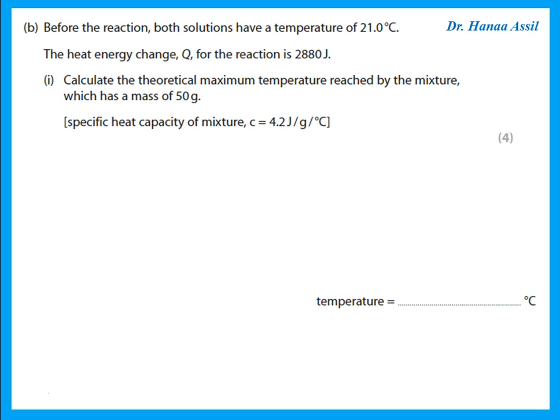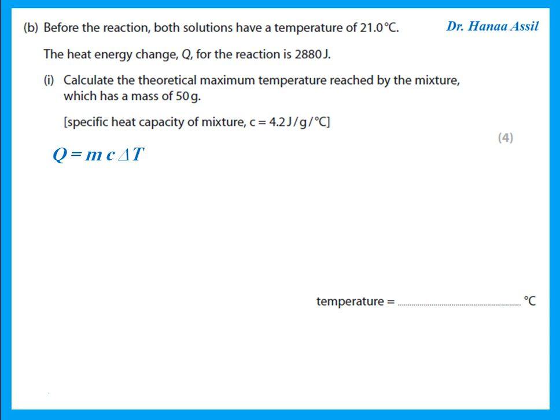Before the reaction, both solutions have a temperature of 21 degrees Celsius. The heat energy change Q is this number. Calculate the theoretical maximum temperature reached by the mixture, which has a mass of 50 grams. You know that Q is mc delta T. m is the mass of the solution, c is 4.2, a constant, and delta T is the temperature change.